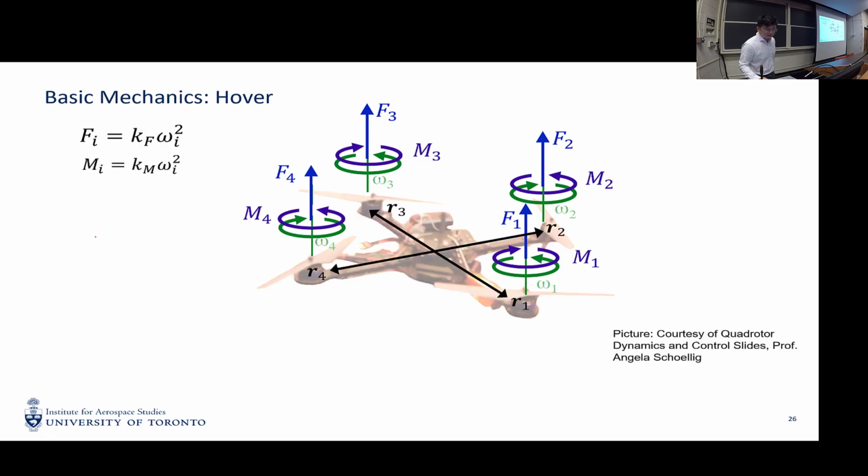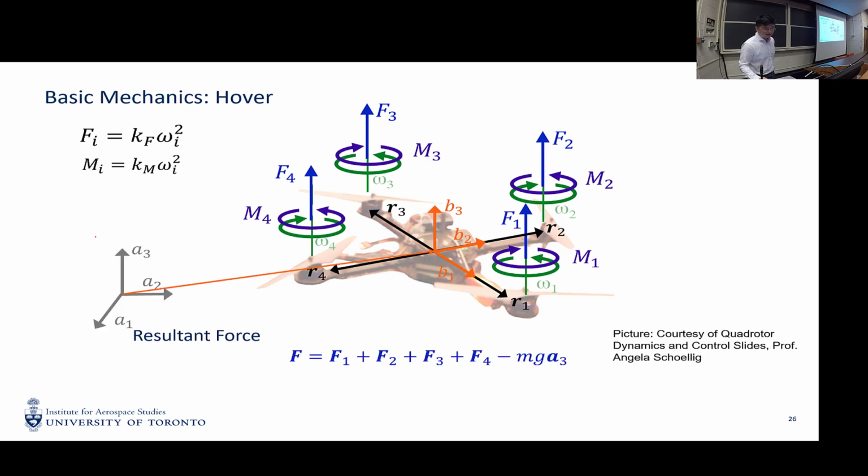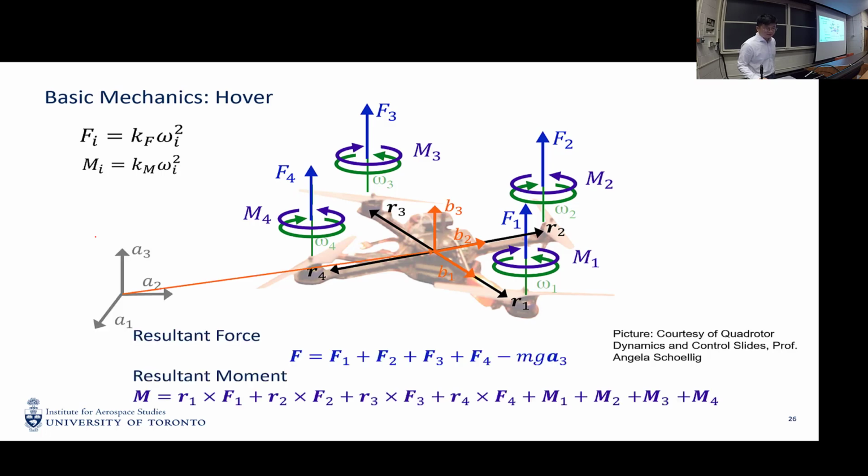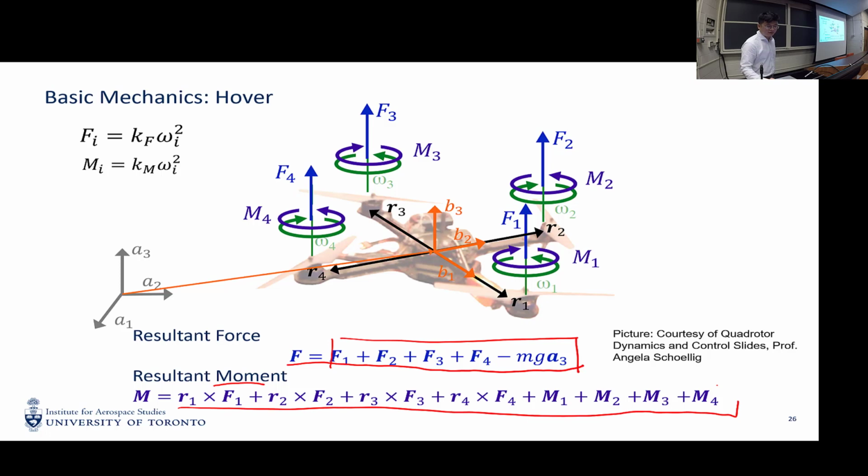Okay. So here's a bit more explanation. During hover, there will be a force balance, and the resultant moment, or the net moment, should be 0.